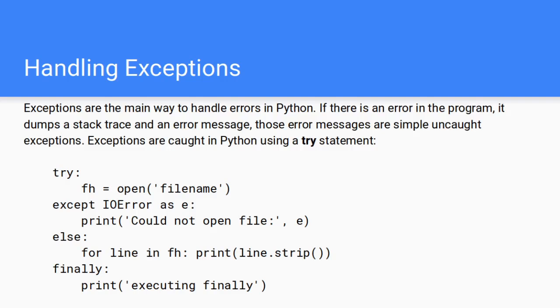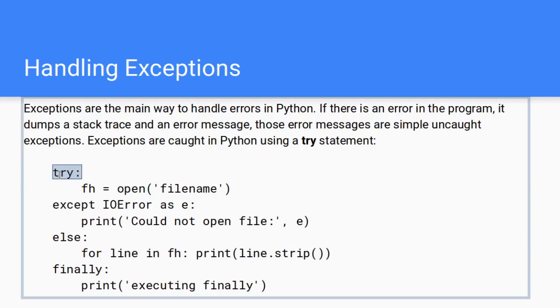So you implement exception handling with the try statement. You issue the try statement, and then a block begins because you have your colon. The block is indented, one or more spaces. Standard is 4 spaces. Then you list all of your lines where you think you're going to get an error, and then you list all of the exceptions you think may get triggered by this code.